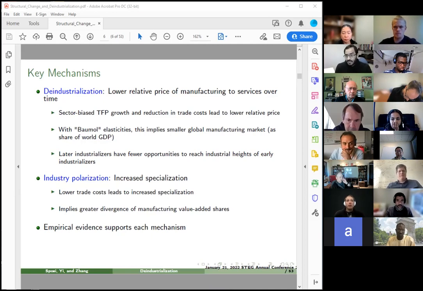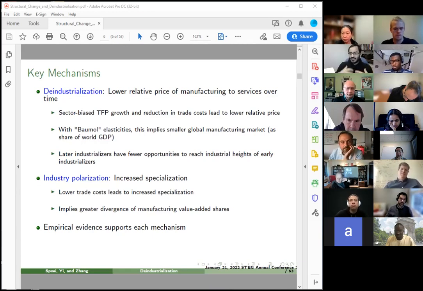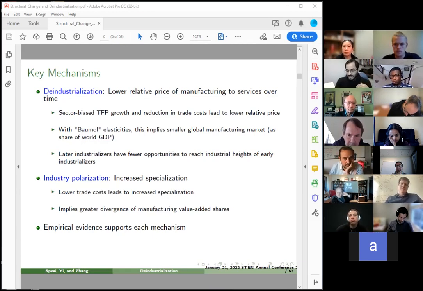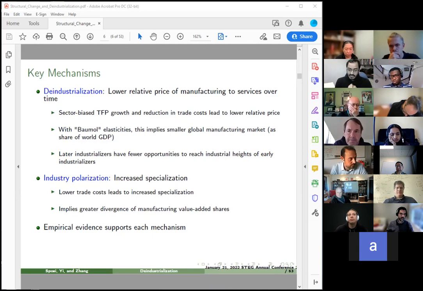The key intuition is that trade facilitates an amplification mechanism: if I'm trading with you, I'm inheriting the relative price dynamics that you're generating through your asymmetric technology paths, in addition to my own. So trade facilitates this amplification mechanism, contributing to these relative price movements domestically. That's where trade becomes important for thinking about deindustrialization.